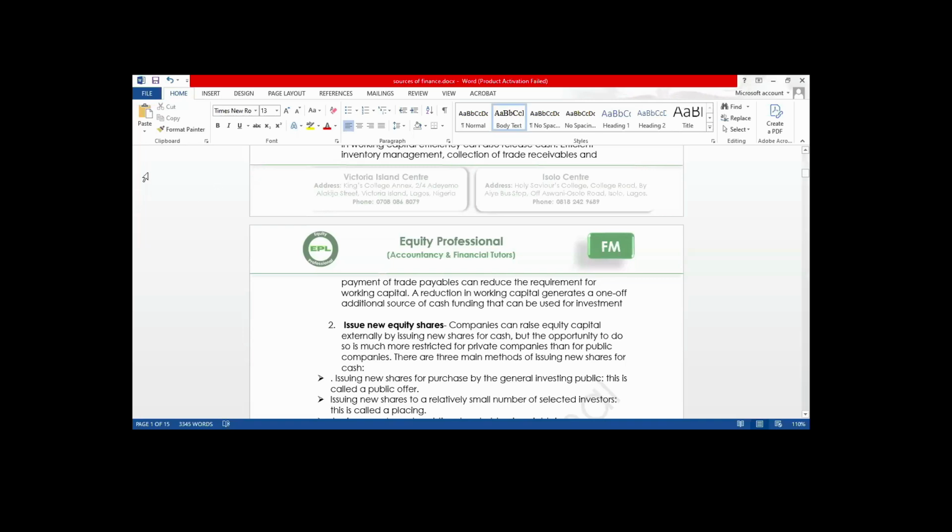All right. Number 3, issue of new shares. Companies can issue new shares so as to raise finance. Companies can issue shares, equity shares, with the intention of sourcing finance.